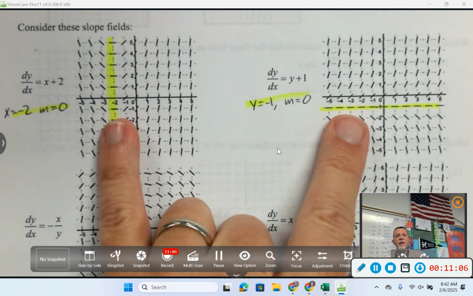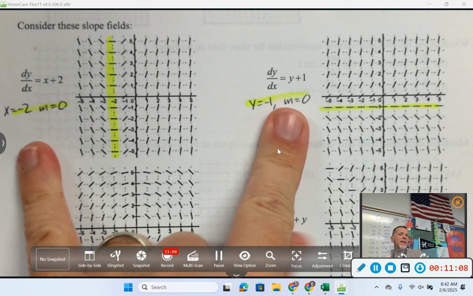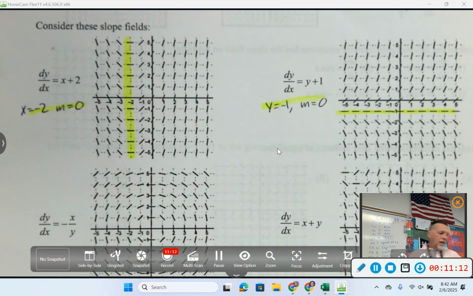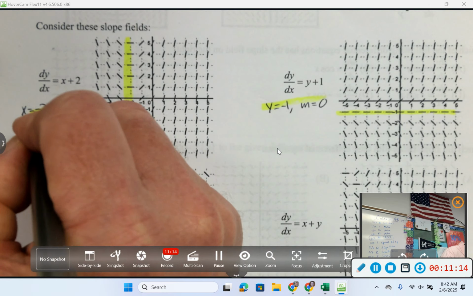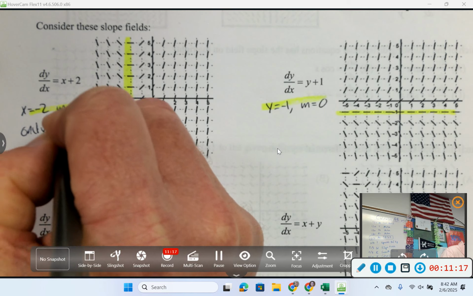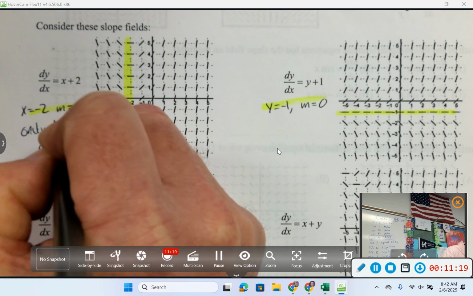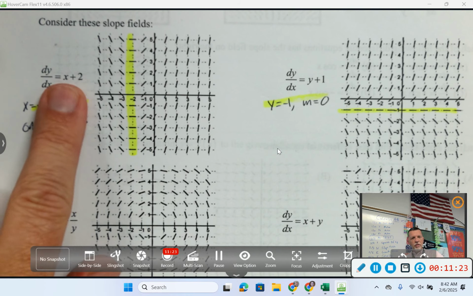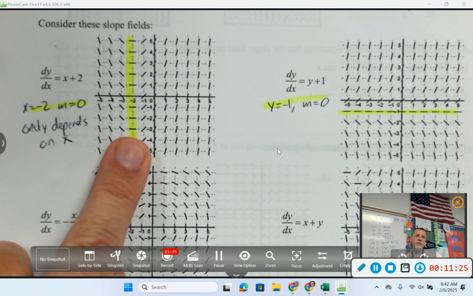One more thing I'd say about these two. That was the main thing. I guess there's 2 main things. That was one of the main things. The other is this one only depends on x. And you can get that from the equation. The equation only has x's in it. But you can also get it from the graph.